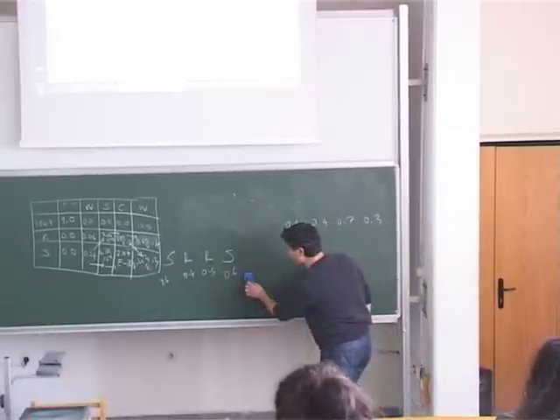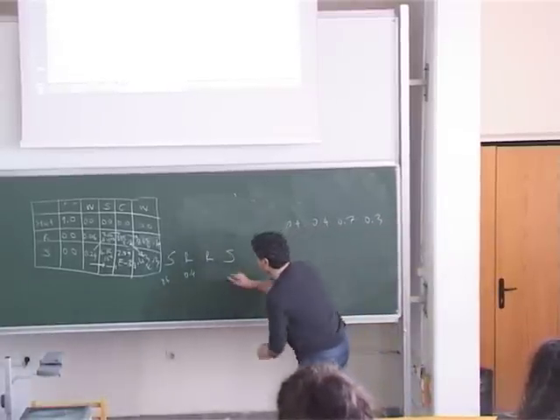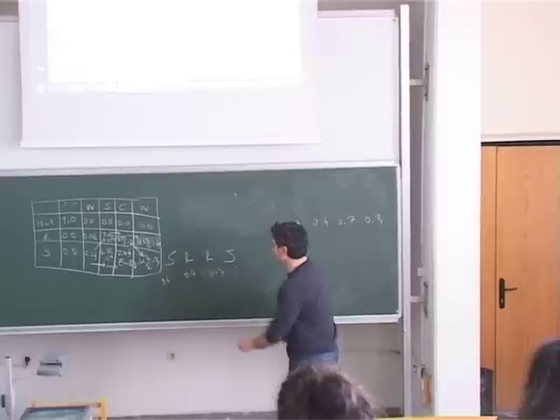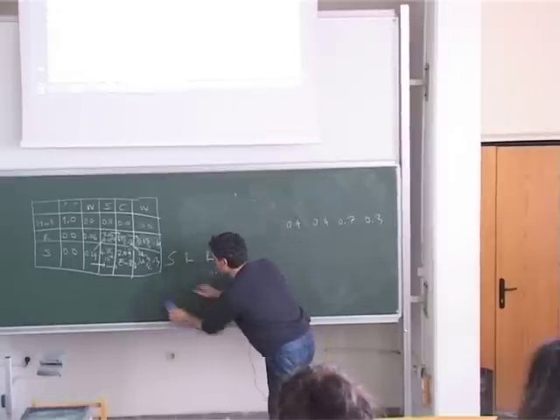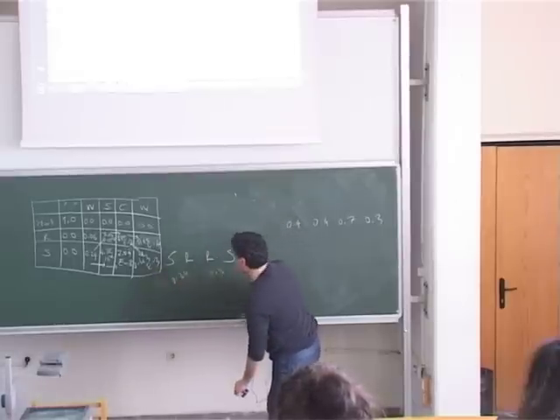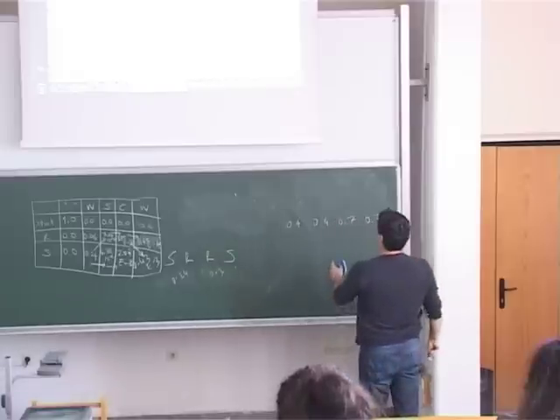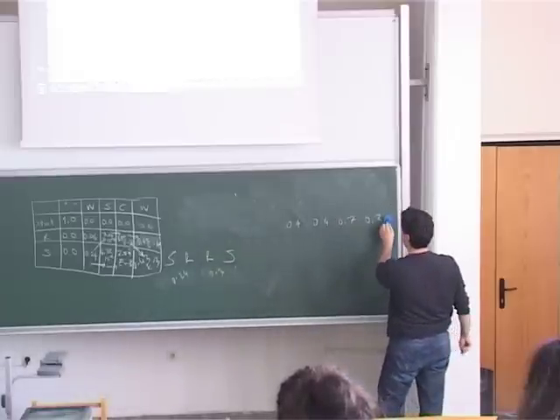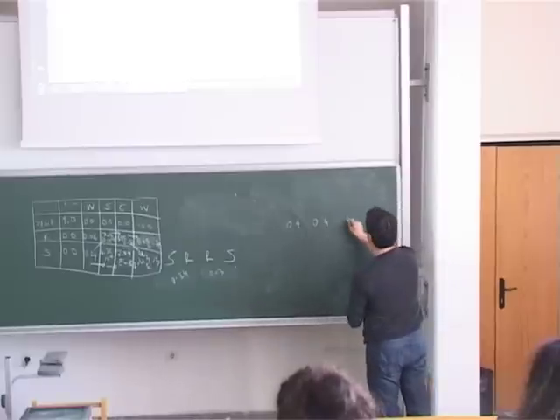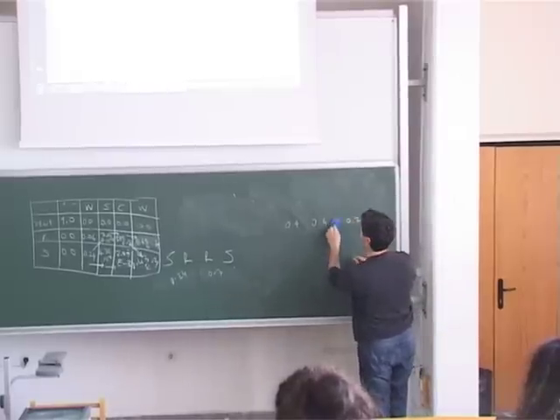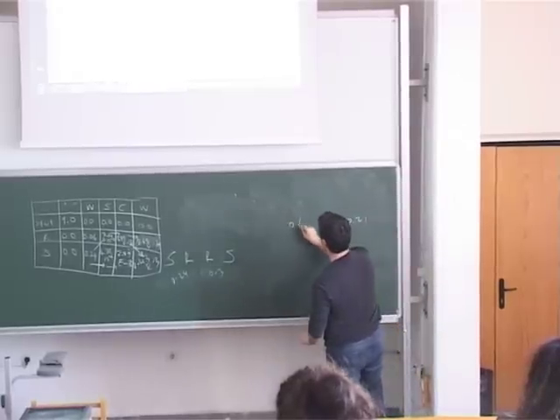So if I multiply these two, it's going to be 0.3. If I multiply these two, it's going to be 0.24. Okay, 0.21, 0.16.